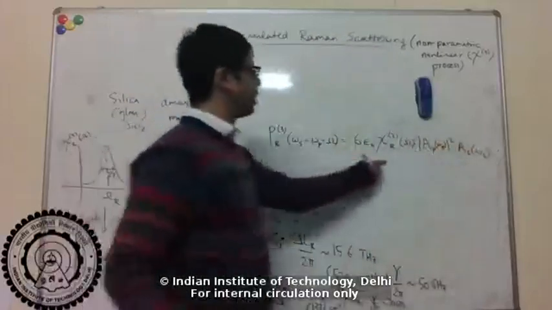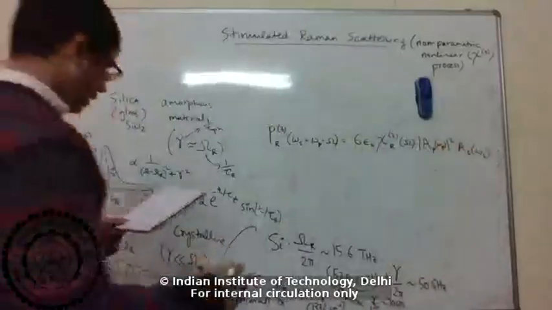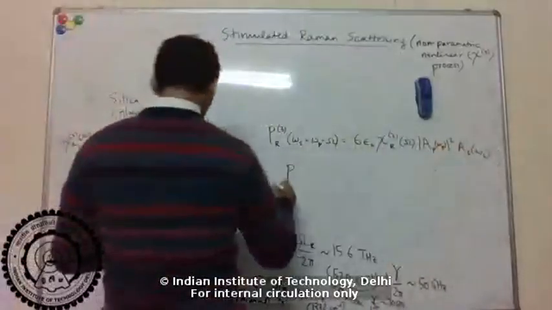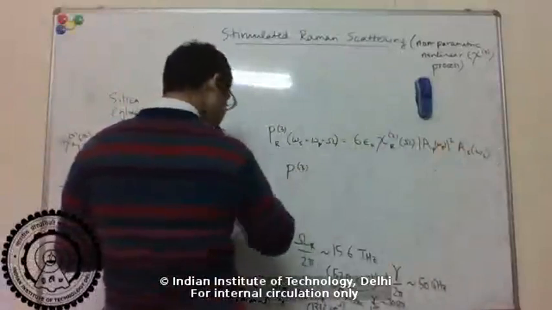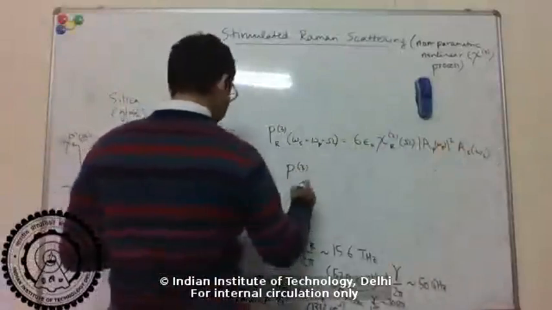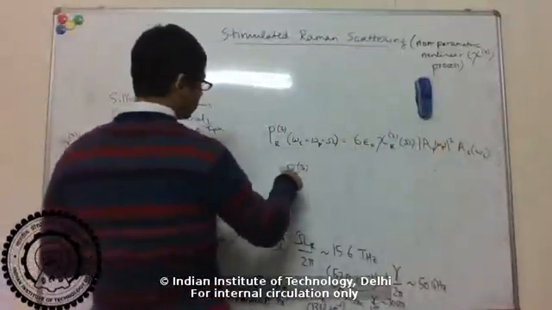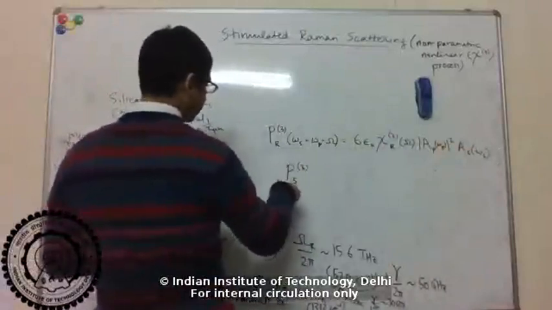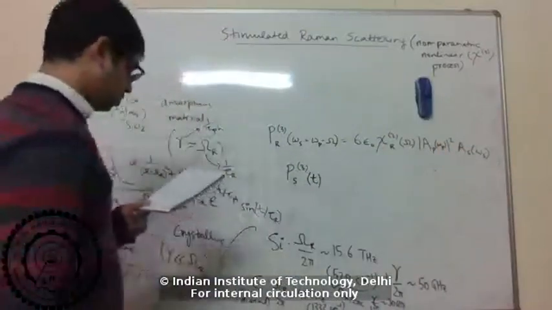This is the frequency domain representation. But equivalently, I can write a time domain representation. I can write the Stokes polarization, or the third order polarization at the Stokes, as a function of time.